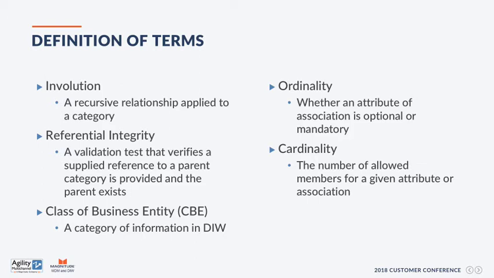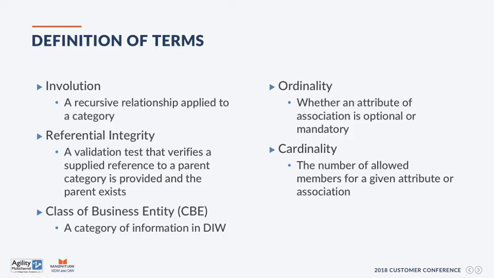Referential integrity is simply a test that's made between a child and a parent category of information to make sure that where a parent is mandatory, that parent is in fact supplied. We go a little bit further in referential integrity in that not only do we verify that a parent is supplied, but that the value that's supplied for the parent is a valid value and that that specified parent actually exists in the parent category or table.